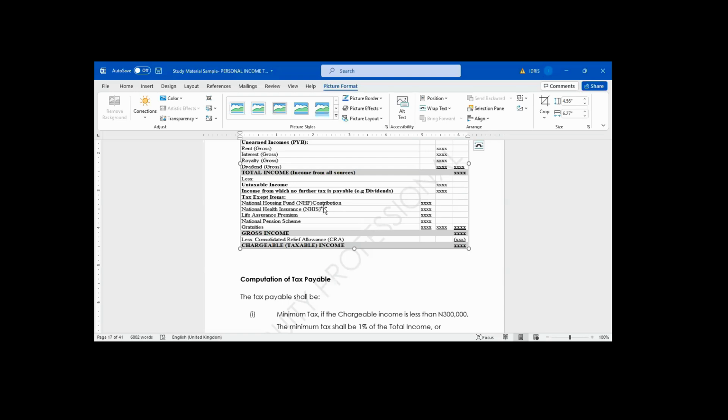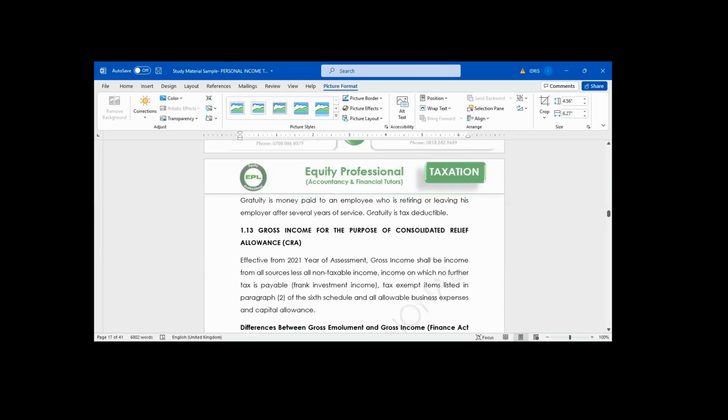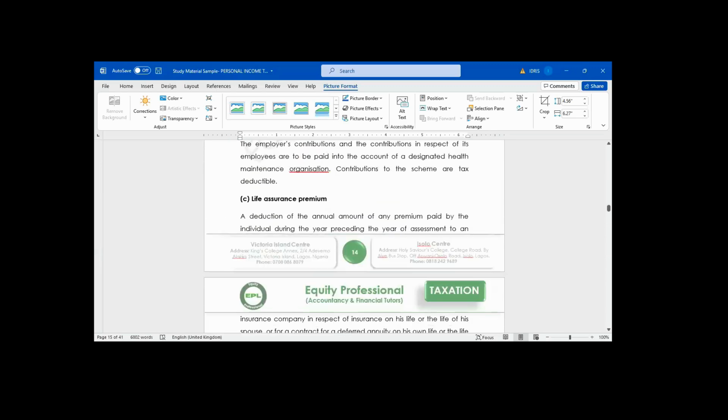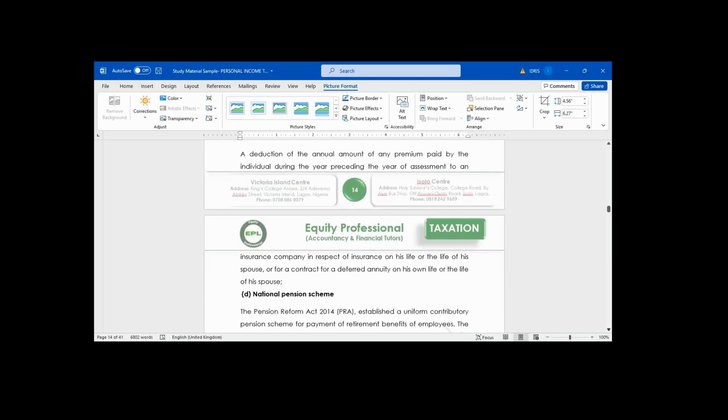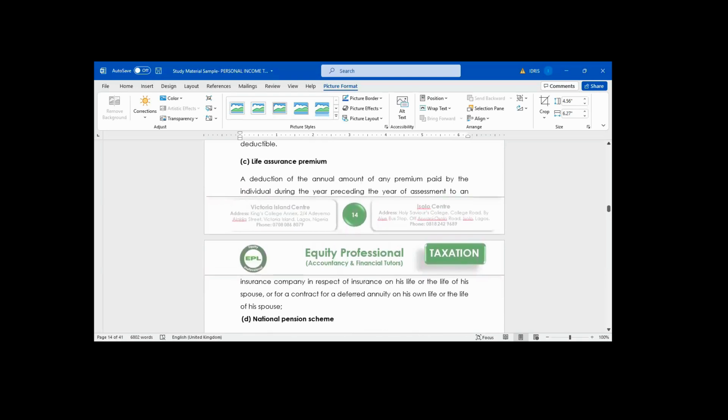Another tax exempt that we have is called life assurance policy. What is life assurance policy? Our employer normally insures our life. Law makes it mandatory for employers to engage in group life insurance to insure the life of all their staff. It is called group life insurance.